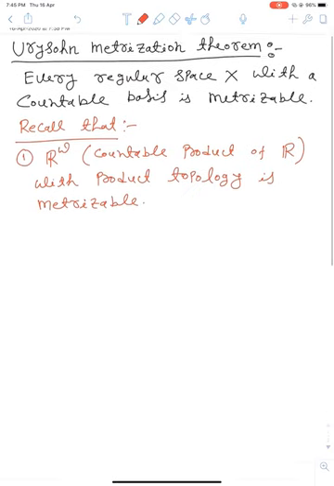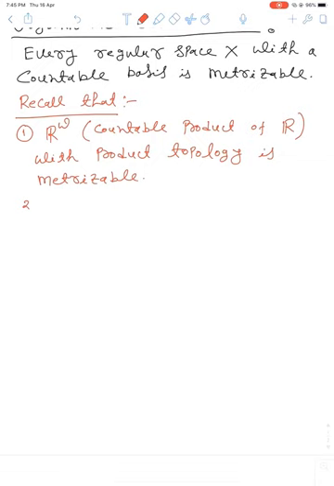And the second property is, let f from X to R omega, where R omega has the product topology.